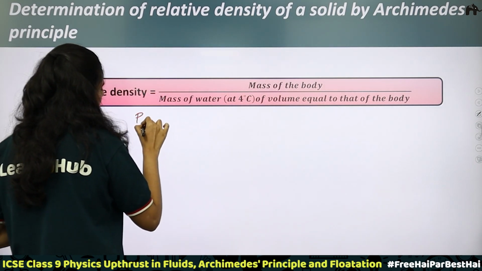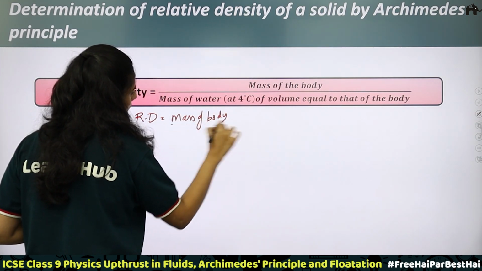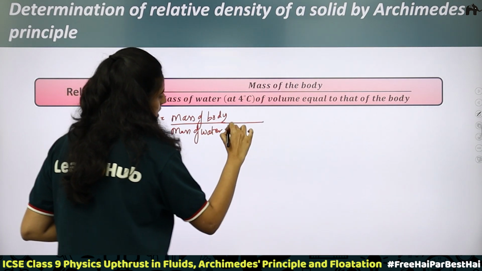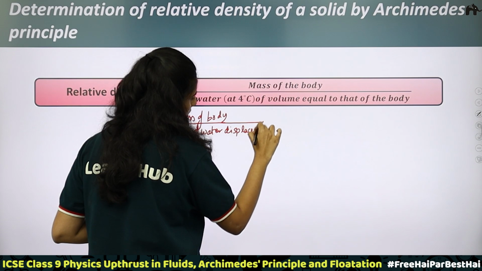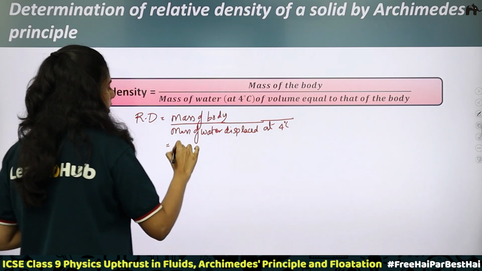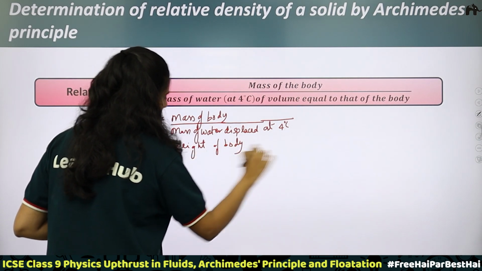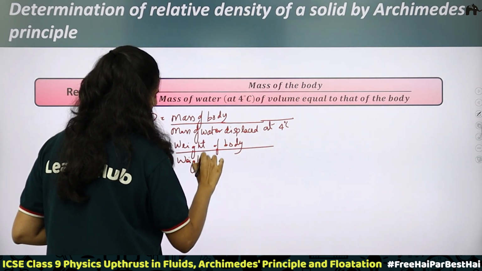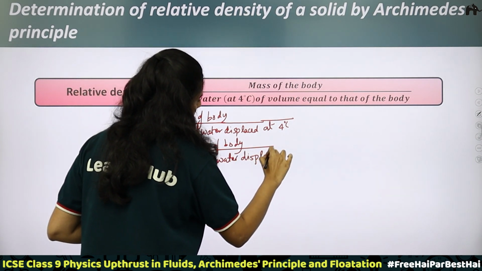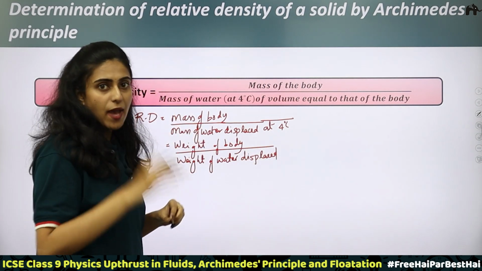So relative density is equal to the mass of the body divided by the mass of water displaced at 4 degrees Celsius, which means the weight of the body divided by the weight of water displaced.